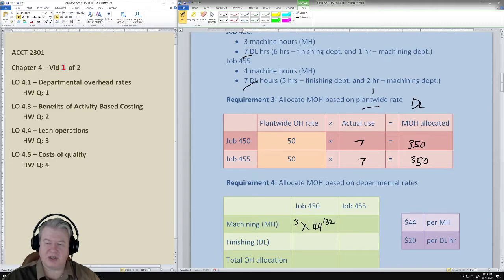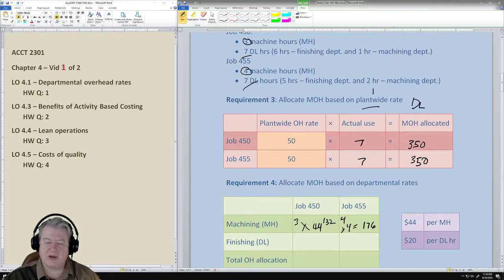And for this one, the machining would be 4 times 44, and that would be 176. So all I'm looking at is the machine hours here and the machine hours here for the two different jobs.